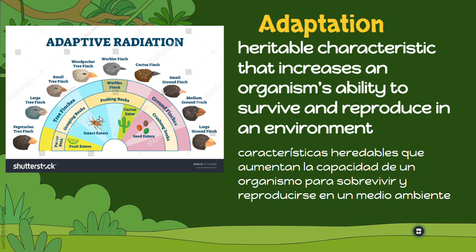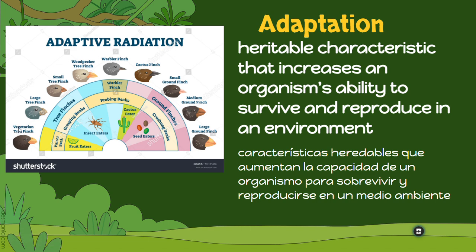These all have the grasping beaks and or probing beaks. These allow these finches to eat insects, and the cactus finch is unique in that it eats cactus. So it still has that probing beak, but it is designed more so for eating cactus.